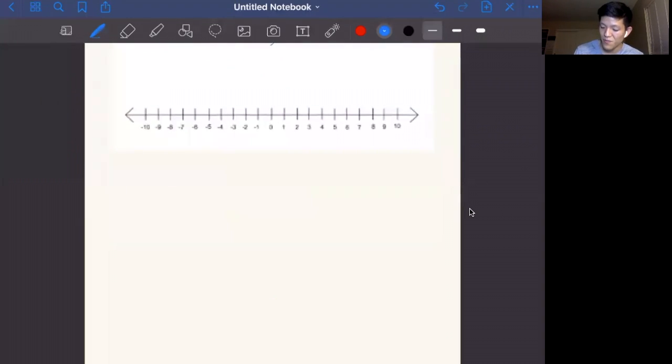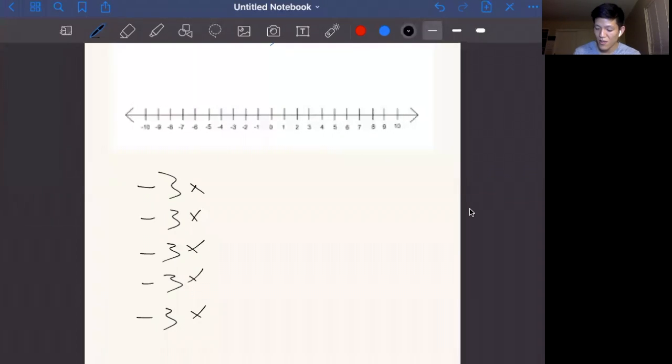So let's go over here. We have negative 3, negative 3, negative 3, negative 3, times the numbers after that. If we multiply negative 3 times 2, we established earlier that that's equal to negative 6, right?